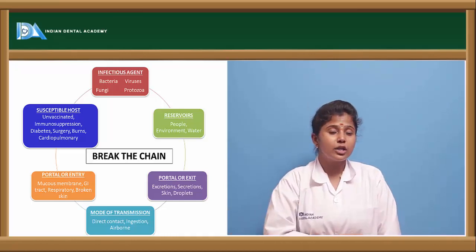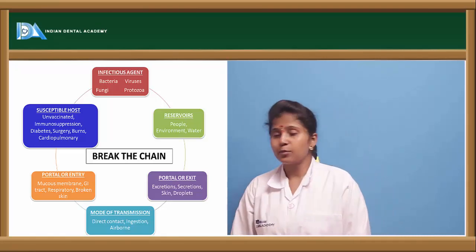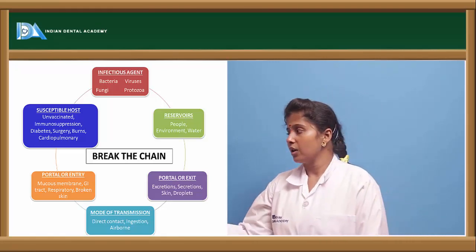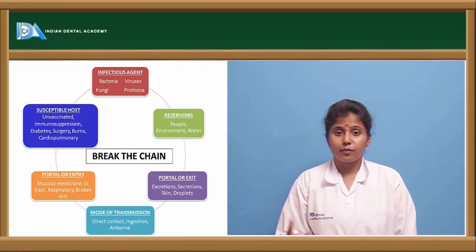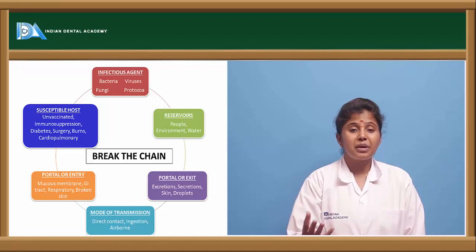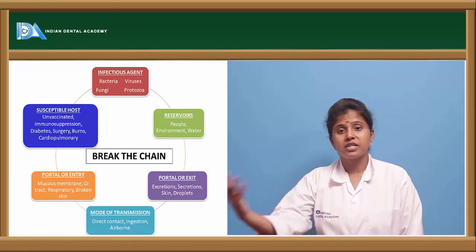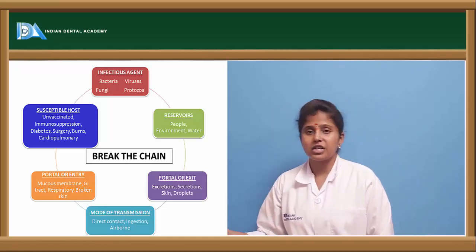And the portal of entry into the healthy person is through the mucous membrane. If there is any cut or injury on the skin, through that cut the microorganism can enter, and also the respiratory system, broken skin, or GI tract. And from here the microorganism makes this person the host to stay in, and thereby from this person the infection is spread.